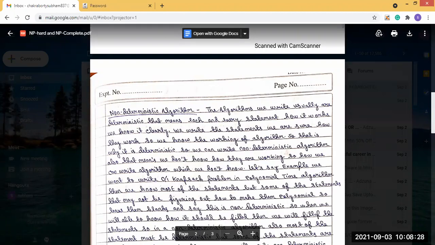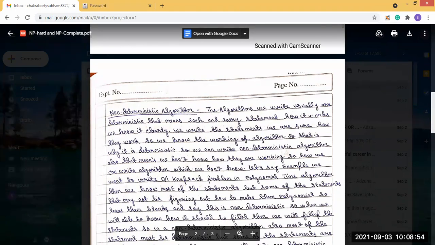But some statements we have written, and till now we did not know how these statements work. So what will we do? We will leave a blank there, and we will preserve this algorithm.